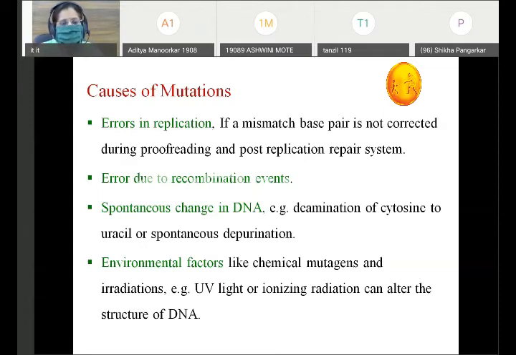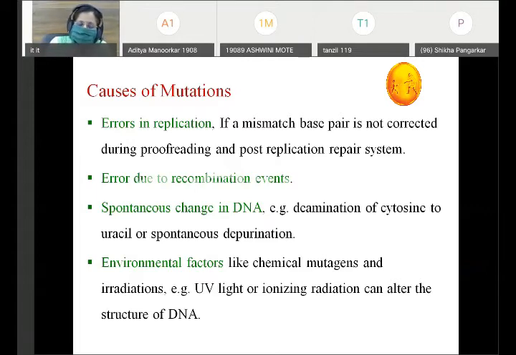If these systems are affected, then there are chances of mutation. The second cause is error due to recombination events. The third is spontaneous changes in DNA. An example given here is deamination of cytosine to uracil. As we have already seen, DNA contains cytosine but not uracil. But if there is damage to DNA, spontaneous deamination of cytosine can occur, and cytosine is converted to uracil.